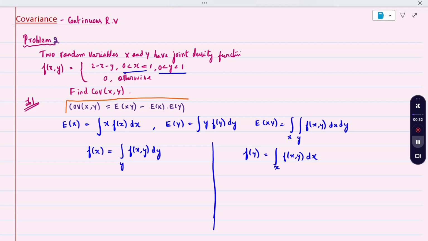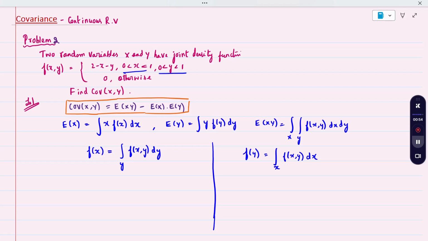E of y. E of x, we know the formula to be the single integral over x into f of x dx. E of y is the integral over y into f of y dy. E of xy is the double integration over xy into f of x comma y dx dy. And f of x we first need to calculate.